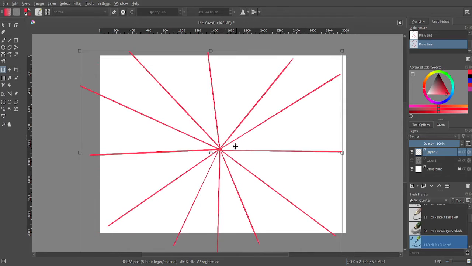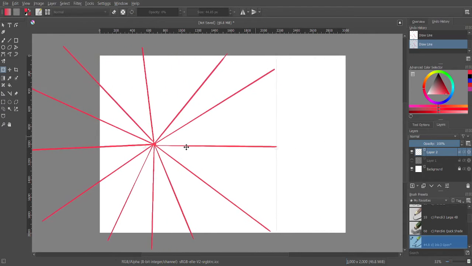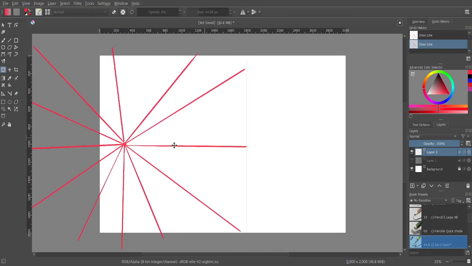And right now this is a 1-point perspective where we're all looking through this one center, right? But 2-point, which is what we'll be covering in this video, well, it will look something like this.